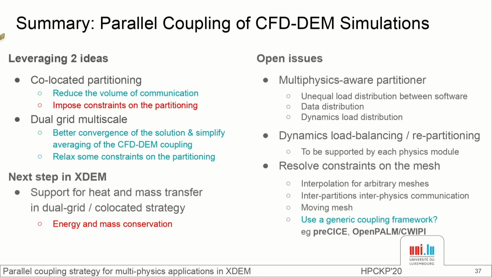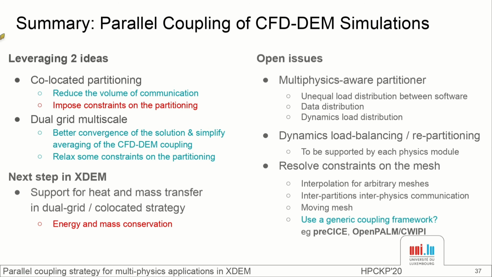The issue is that we have to ensure energy and mass conservation while we do the interpolation between the two meshes. There are still a lot of open issues to get good performance for parallel coupling and parallel volume coupling.